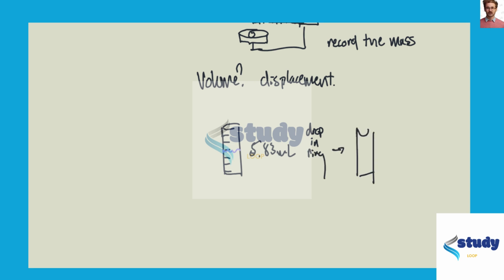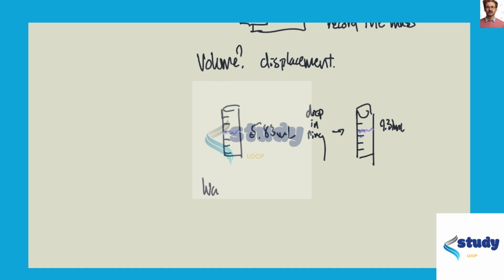And we see that our ring is completely submerged, and we get a new water reading of, let's say, 9.31 milliliters. Then what we're saying is that water was 5.83 milliliters, and the water plus the volume of our ring was 9.31 milliliters.